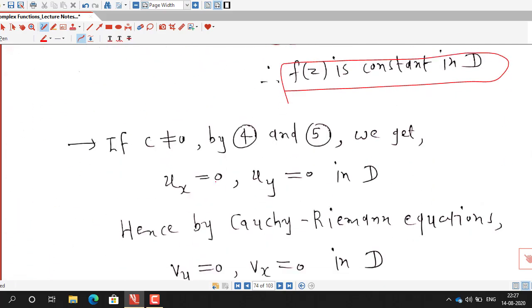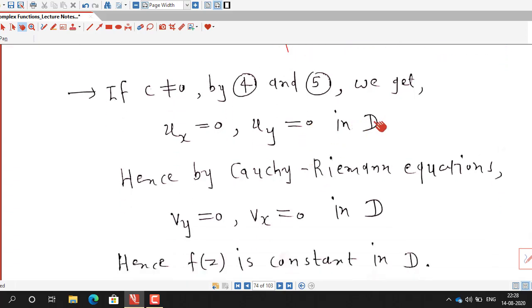Therefore, by 4 and 5, del u by del x is 0 and del u by del y is 0, so the partial derivatives of u are 0 at every point in domain D. By the Cauchy-Riemann equations, del u by del x equals del v by del y, and del u by del y is minus del v by del x.